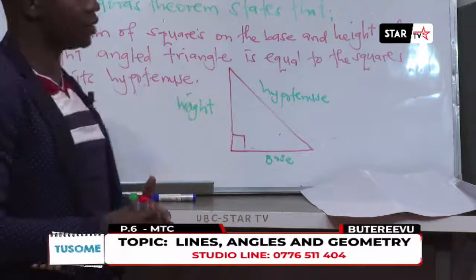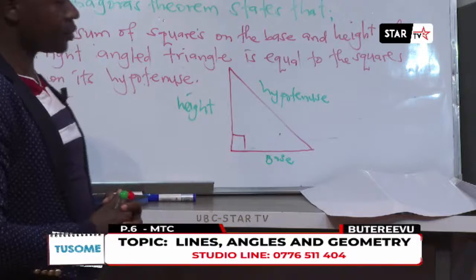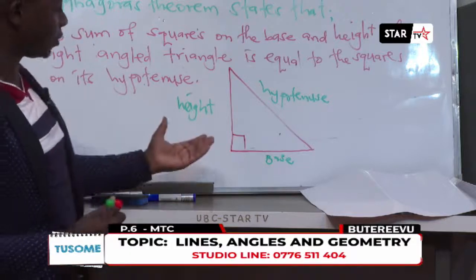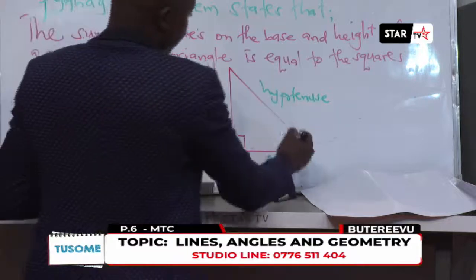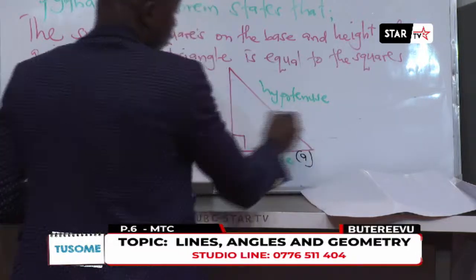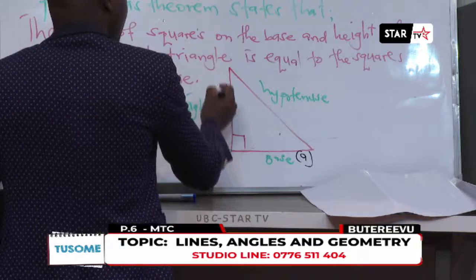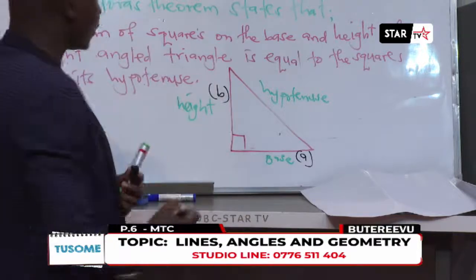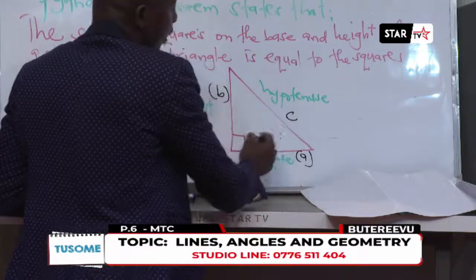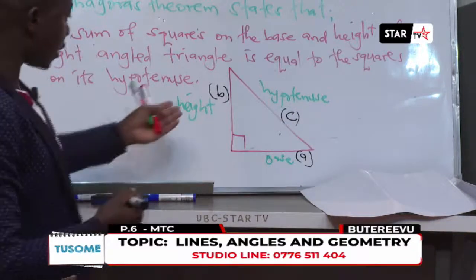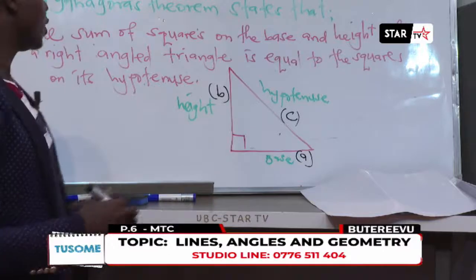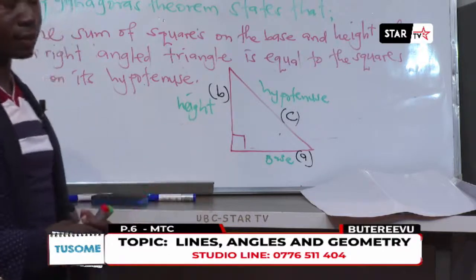Letters A, B, and C stand for these sides, where letter A stands for the base, letter B stands for the height, and letter C stands for the hypotenuse. When we are using these letters, kindly use small letters.